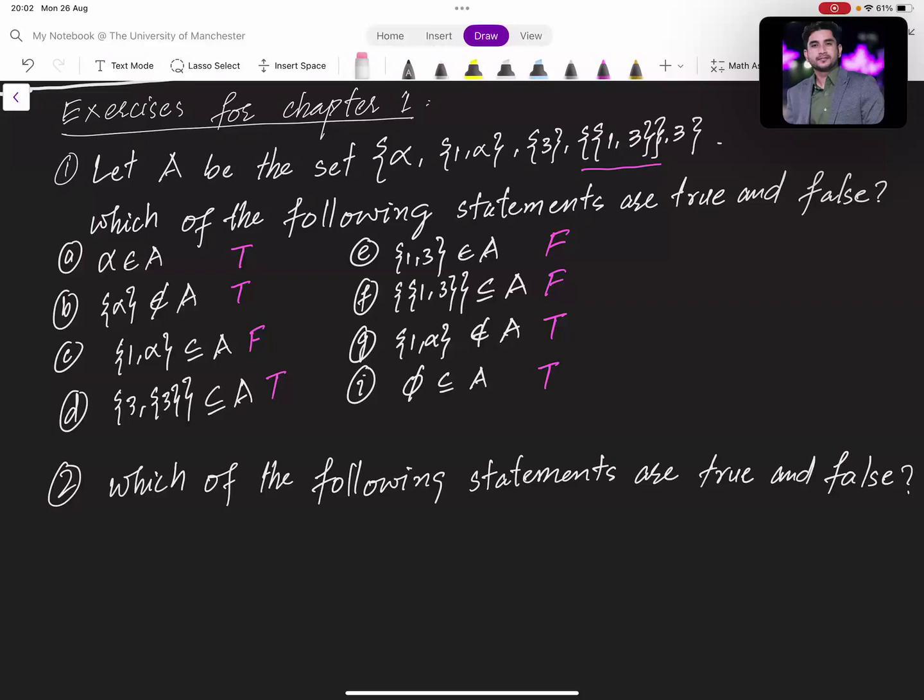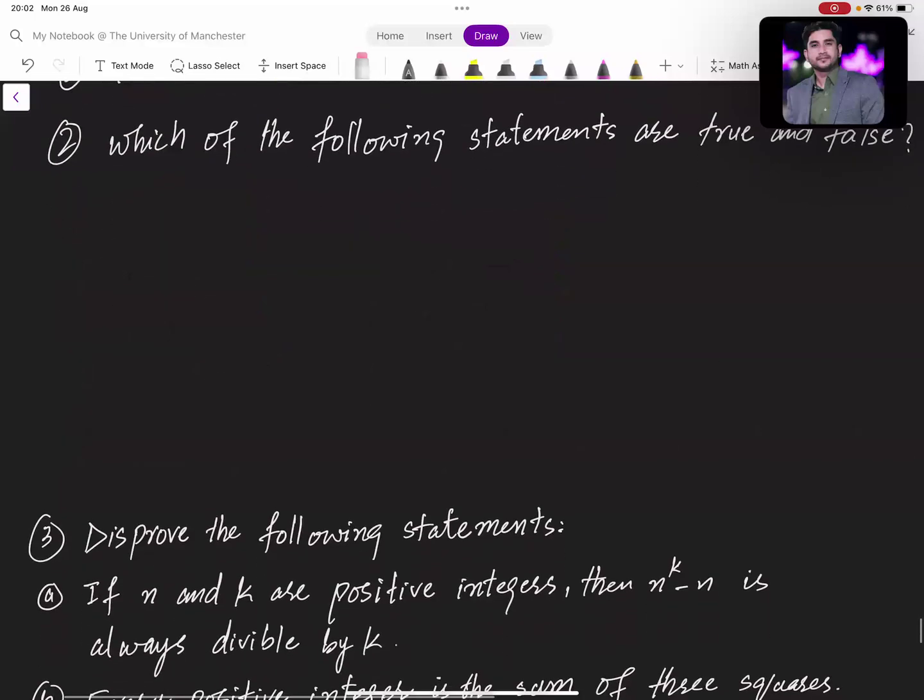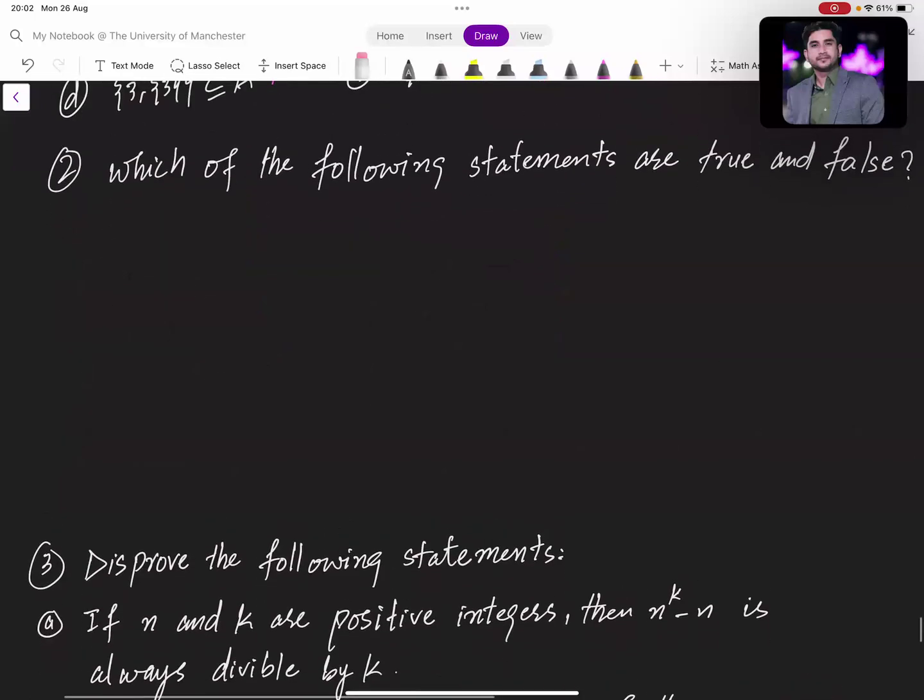Okay. Question number 2. Which of the following statements are true and false? So let's write that.